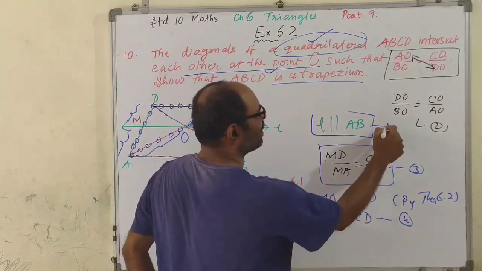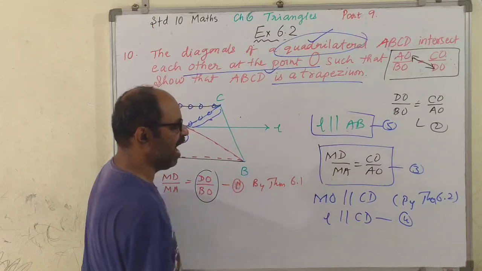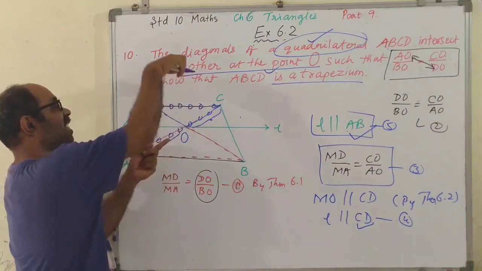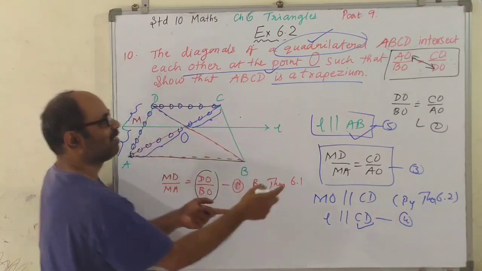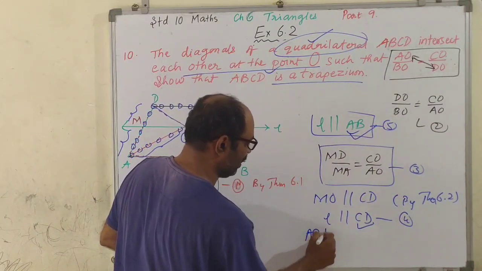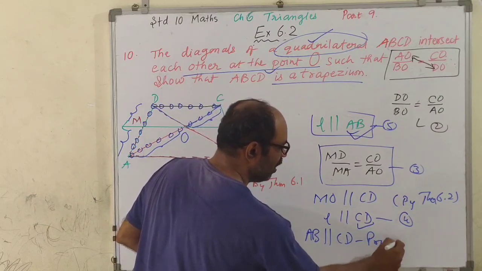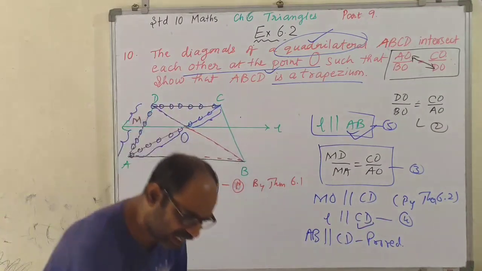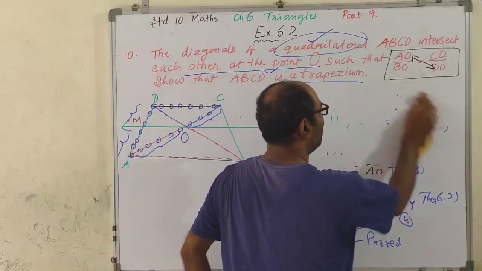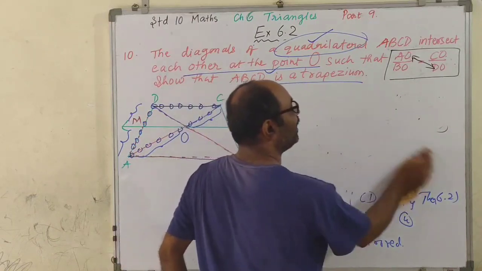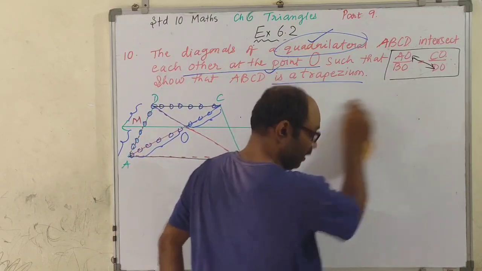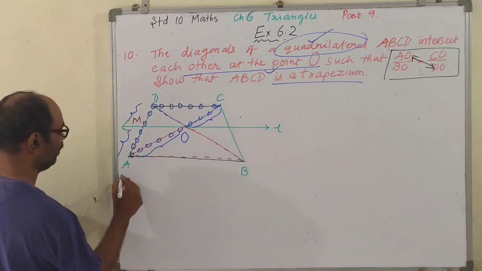So if you say this is the fifth result, by 4 and 5, AB and CD are parallel to the same line L. So by transitivity you can say by 4 and 5, AB is parallel to CD. Proved. I hope you understood. We will write it nicely now. Okay? I think I can remove the statement. I'll write the data and to prove, and then I'll remove the statement. Correct? Okay. Let's see. What is data here?